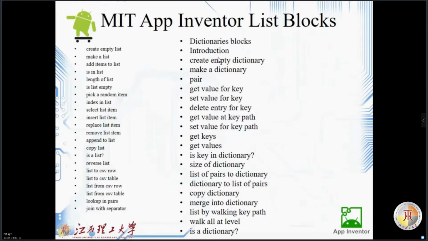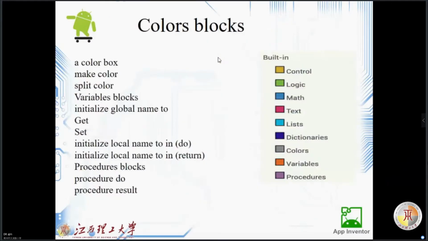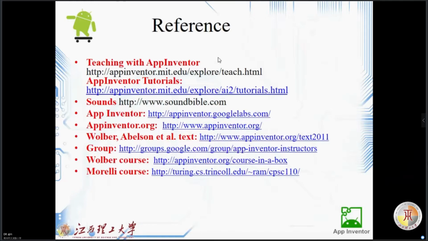Then you will enjoy the color blocks, which we use to make the color and split the color, then the variables blocks, and procedures: do, set, get. These are the parts which we have as blocks. We will talk more about this part at the time of the practical, because just talking like that is not something I like you to do.